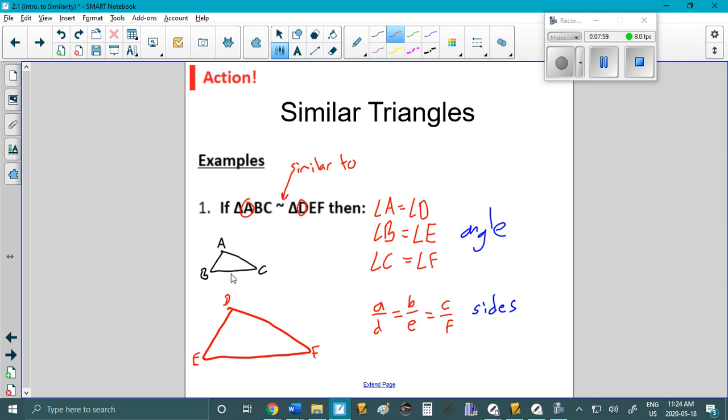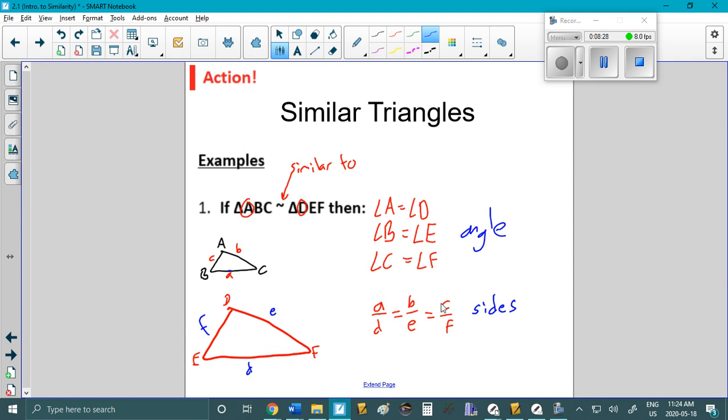Well, this would be side little a, little b, and little c, and this would be little d, little e, and little f. So you can think, if side C doubled to F, what would side B do to get to E? Well, it would double as well. And side A would double and would become D. So all this says is that if one side doubles, they all do.